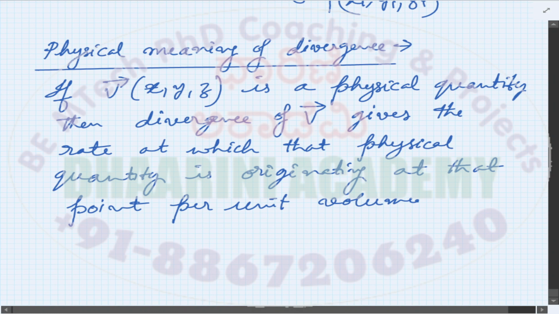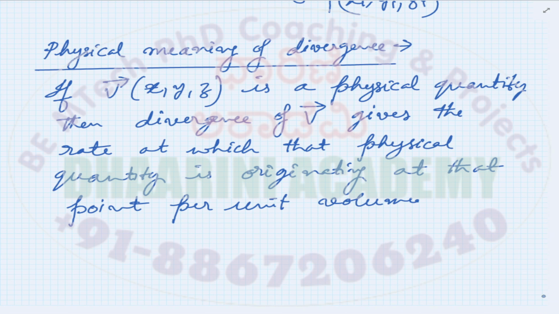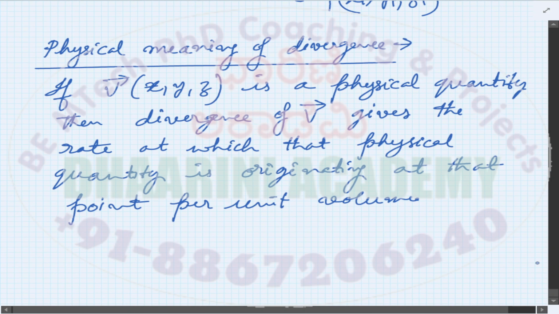Now we have a specific condition here. What if this del phi divergence is equal to 0? So if divergence of v vector is equal to 0, this means the total gain of this particular vector at that particular point is 0.